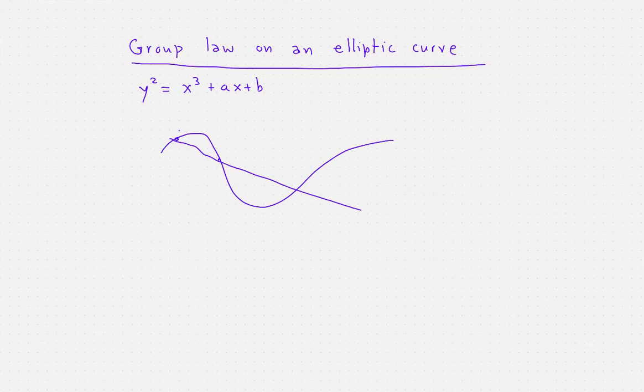Or there are other cases in which you need to consider the 2 points as being the same point. But in any case, that would already suggest that starting with 2 points on an elliptic curve, we could get a third point. We might want to use this in order to come up with a group law.